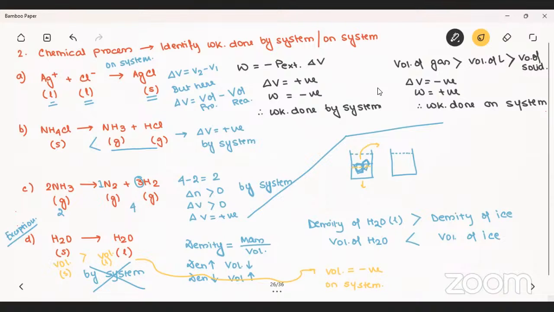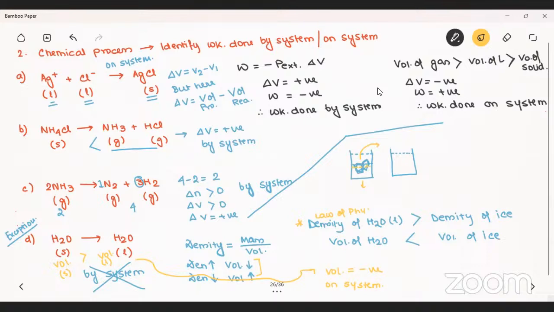Now, this is a law of physics, that density of water is more than density of ice. So volume of water will be less than volume of ice from this equation. Right or wrong?